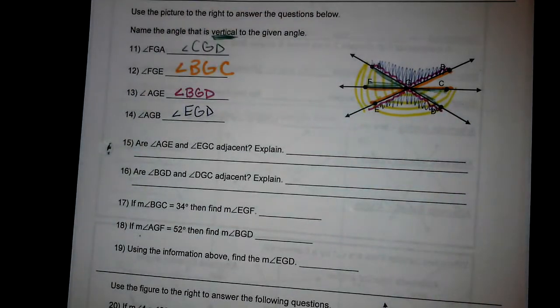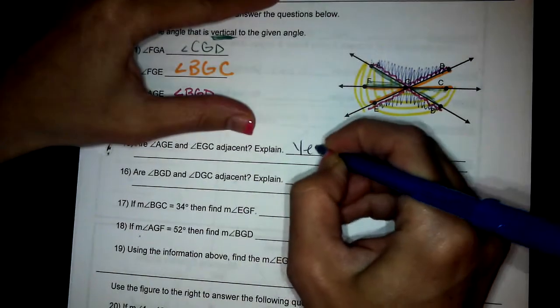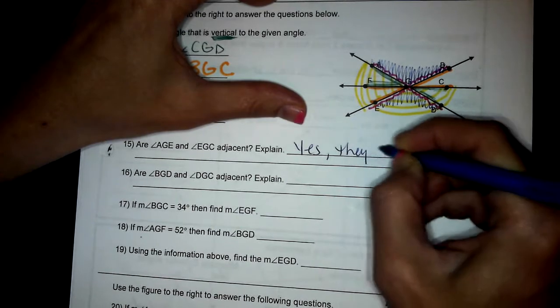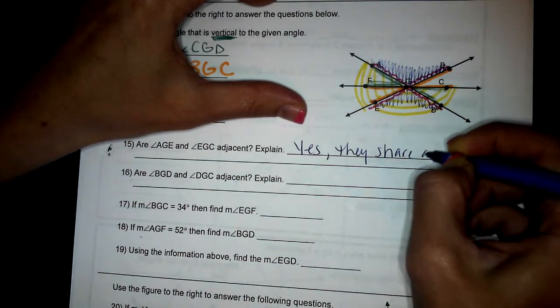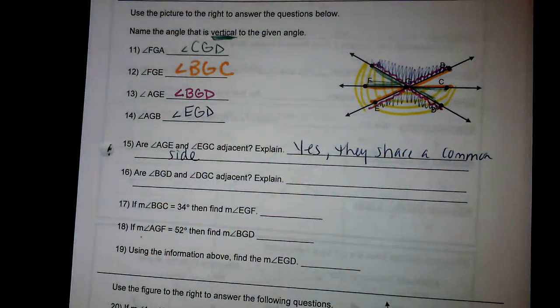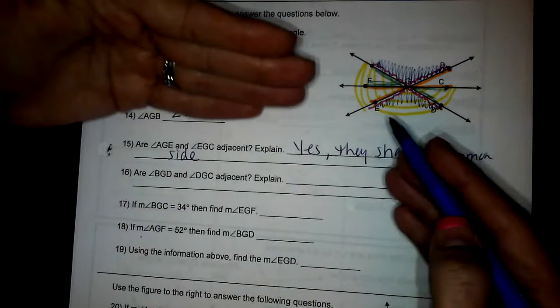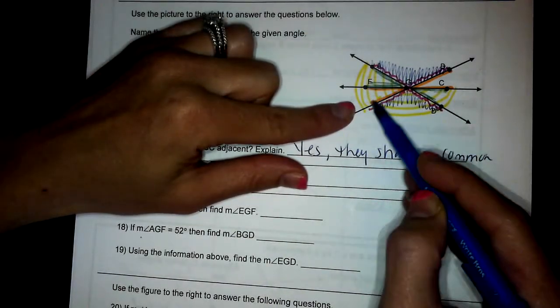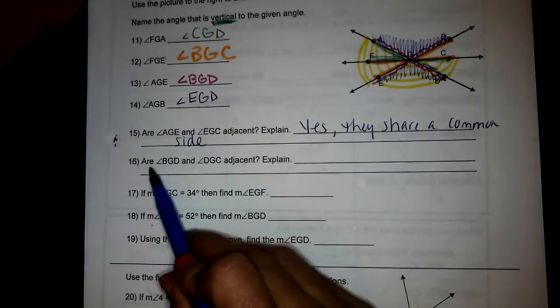Are these two sitting next to each other? Are my colors touching? And they are. So in this case, I would say yes. They are adjacent. And it's because they share a common side. They share a common side, and it's because they share that common side that they are then adjacent. They're touching, and it's because of this side right here that this angle links up with this angle here.